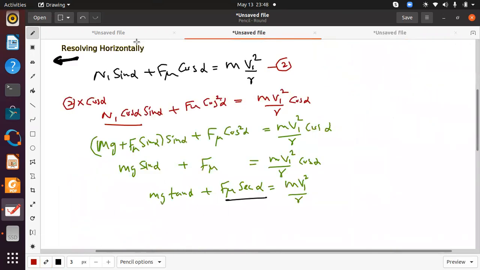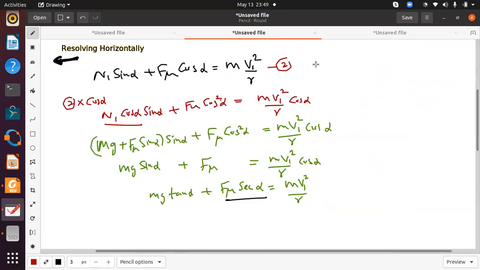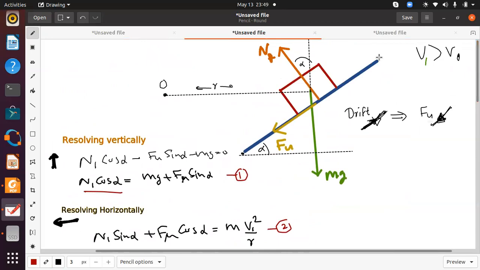This is a model. So what we have studied here is that a vehicle can move in a circular path without requiring any additional forces like frictional forces. If the road is banked, it can move in a circular motion without requiring any frictional force, right? So the centripetal force will be supplied by the horizontal component of the normal force. If the velocity is greater than the design velocity, what will happen?